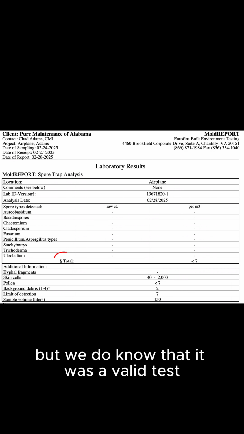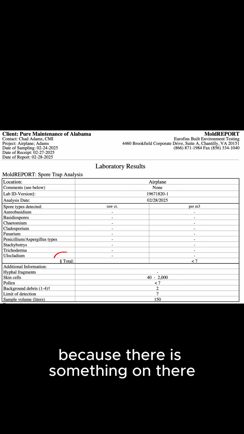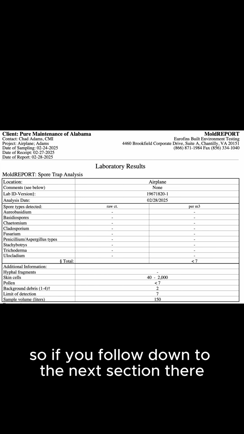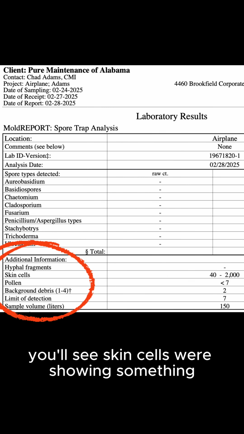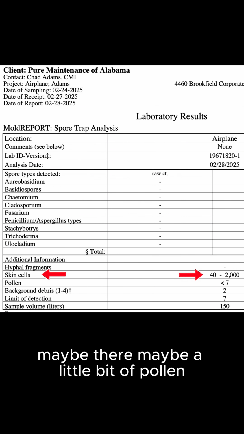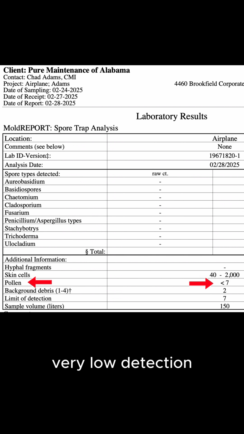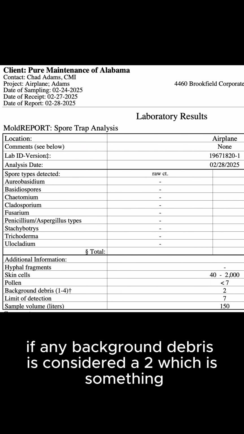But we do know that it was a valid test because there is something on there. If you follow down to the next section for the additional information, you'll see skin cells. We're showing something maybe there, maybe a little bit of pollen, very low detection, if any. Background debris is considered a 2, which is something.